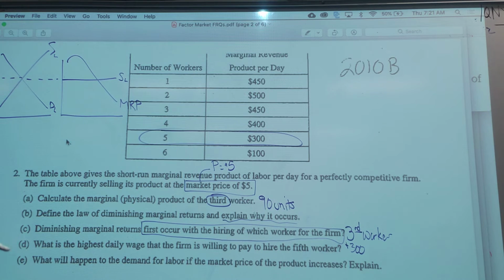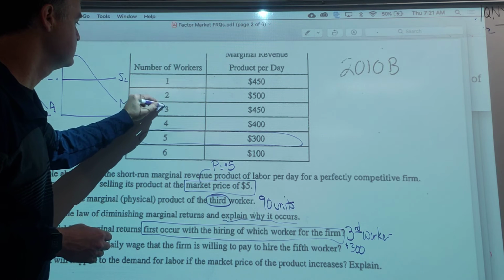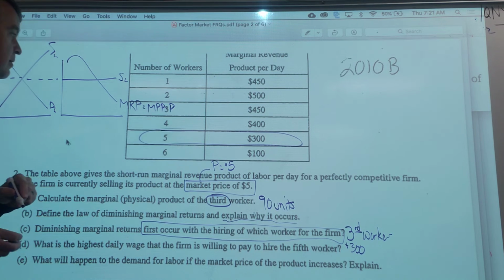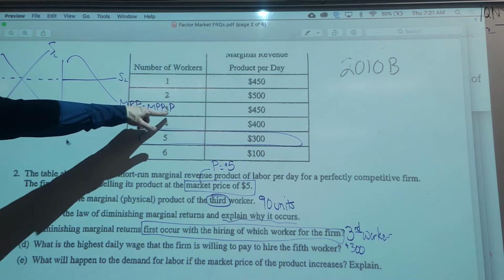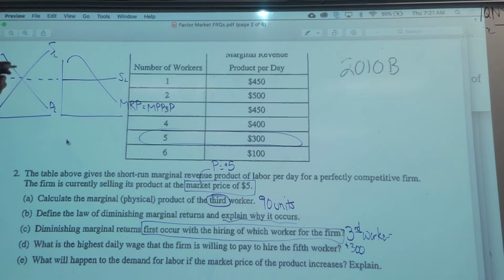Well, if the market price of the product increases, remember, MRP is MPP times P. So if the market price increases, then MRP must increase.